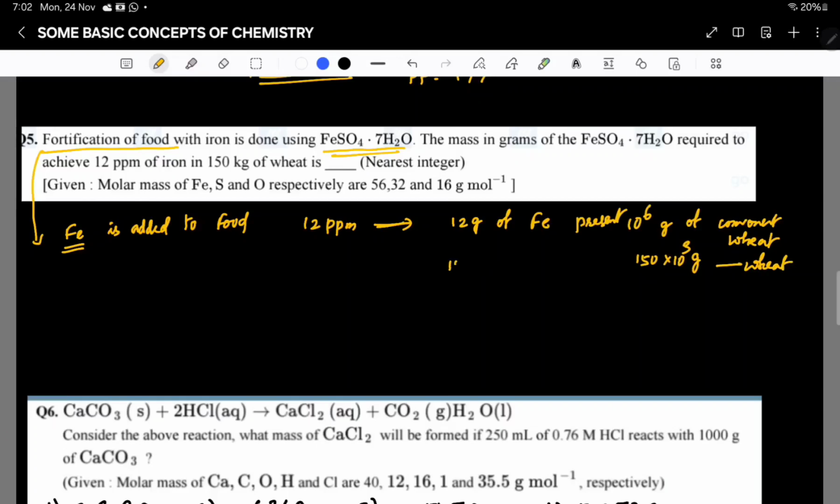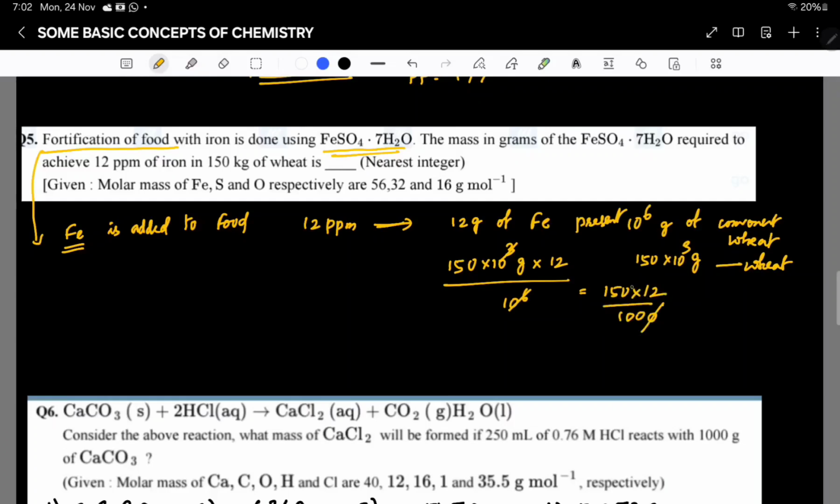So that is equal to, student, 150 into 10 to the power of 3 grams into 12 divided by 10 to the power of 6, student. So 10 power 3 gets cancelled, 10 power 3 remaining, right? So that is equal to 150 into 12 divided by 1000.